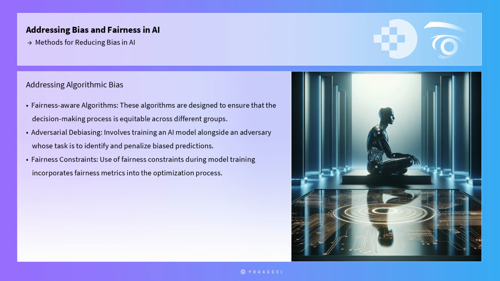By iteratively refining the model to minimize bias, adversarial debiasing can effectively reduce algorithmic bias. Another technique is the use of fairness constraints during model training, which explicitly incorporates fairness metrics into the optimization process. For instance, Hardt, Price, and Srebro proposed a method for achieving equalized odds, which ensures that the false positive and false negative rates are equal across different demographic groups.